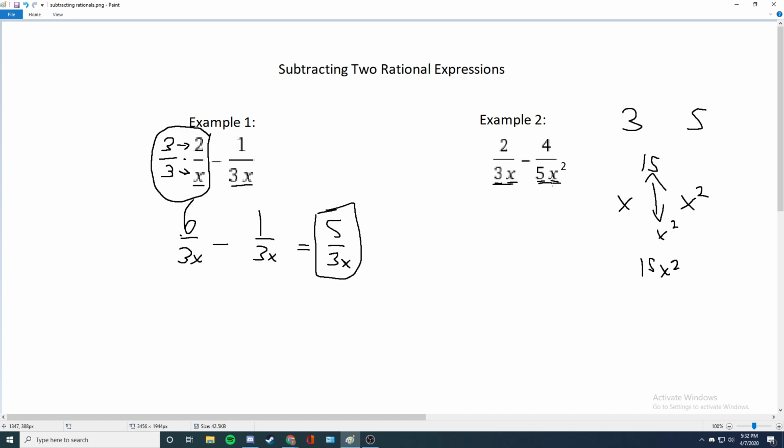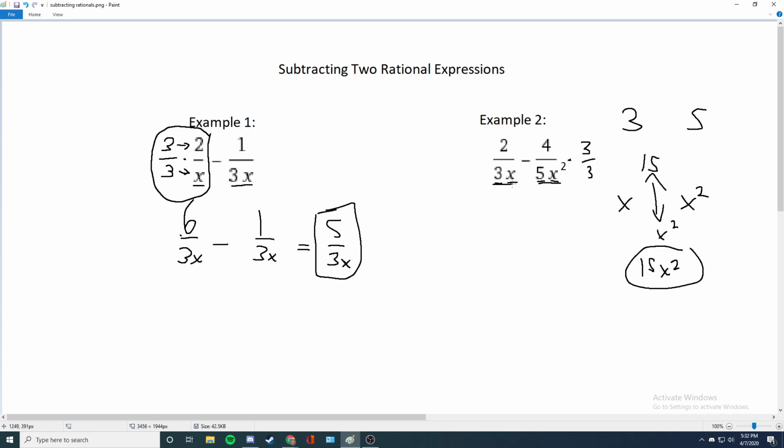And now we just need to figure out what to multiply each term by in order to get the bottom to look like this. So for the right term, to get 5x squared to be 15x squared, we'll just have to multiply by 3 over 3 to change that 5 into a 15.